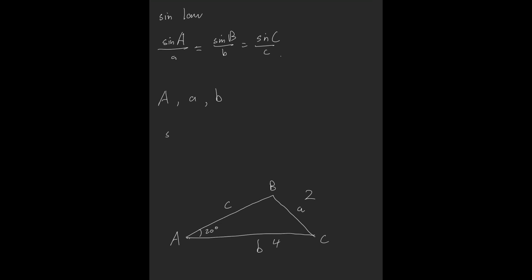Now what we can do is feed sine of 20 degrees over 2 into our equation. And that is going to be equal to the sine of B over 4, because b is of length 4 and a is of length 2. Now, pull out your graphing calculators or regular scientific calculators, anything that can handle trig, because you're going to need them for this unit.